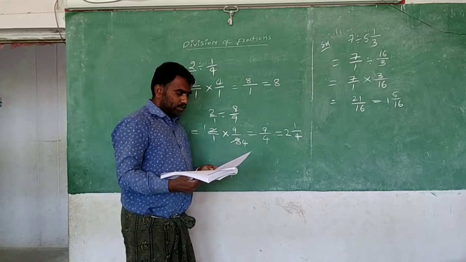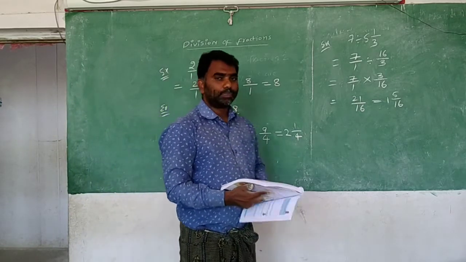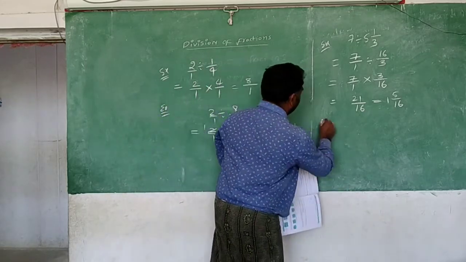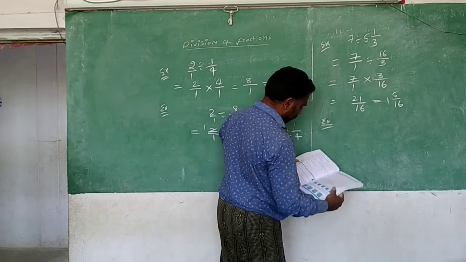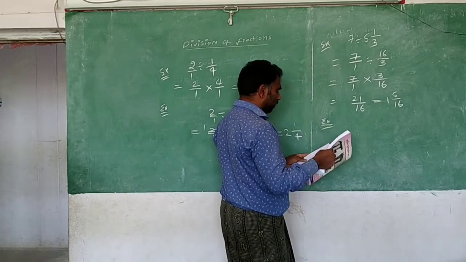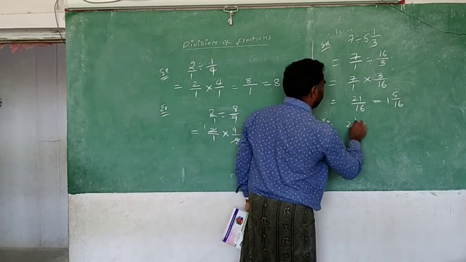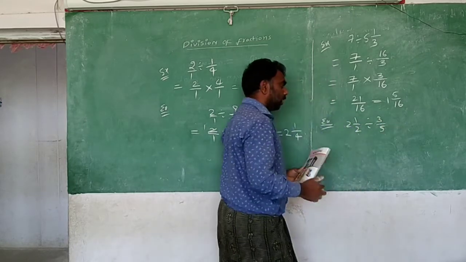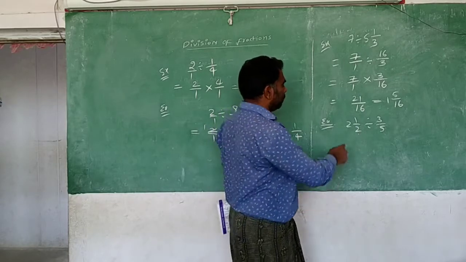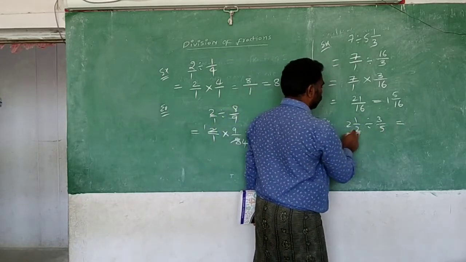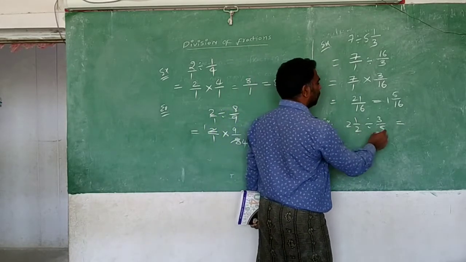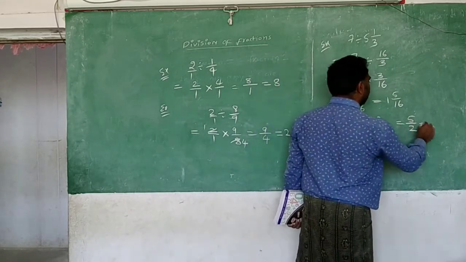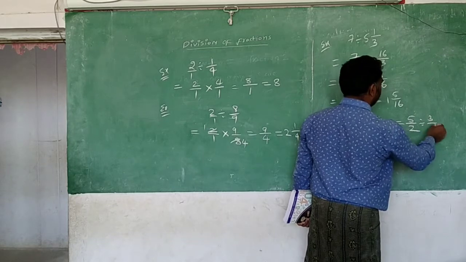And you see the page number 42, one more do this. I am writing example 2 1 by 2 divided by 3 by 5. Okay, first of all I will write the mixed fraction: 2 2s are 4 and 1, 5 by 2 divided by 3 by 5.